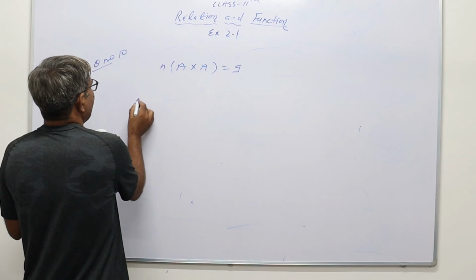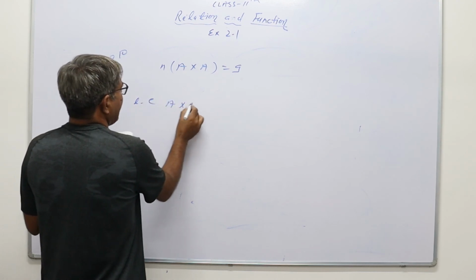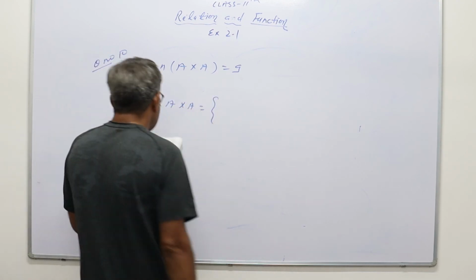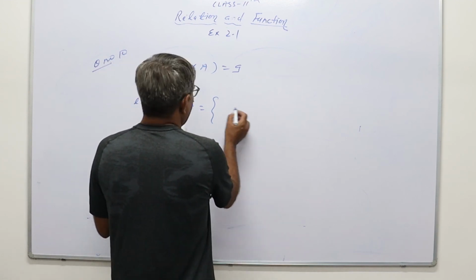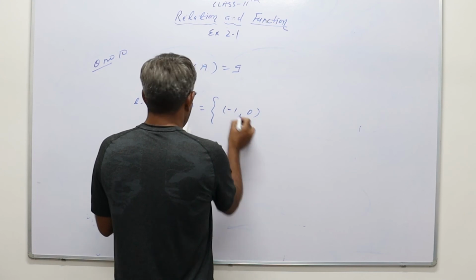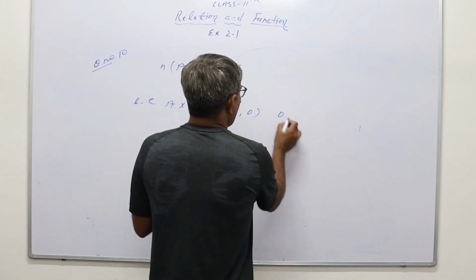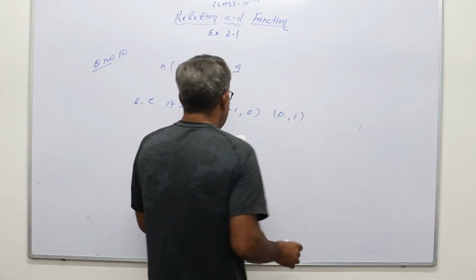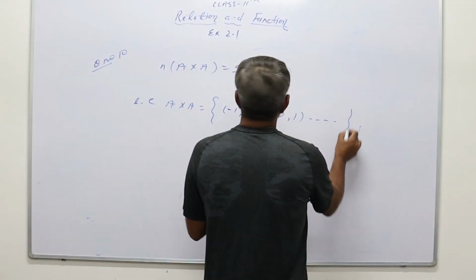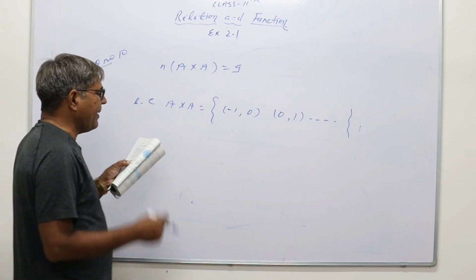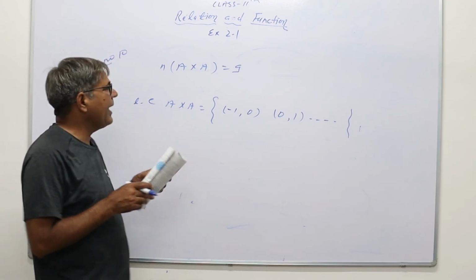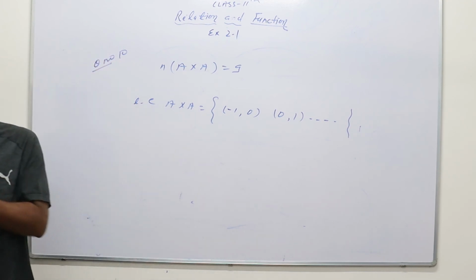That is, A cross A is defined and some elements of A cross A are (-1, 0) and (0, 1) and some more elements maybe. Then find set A and the remaining elements of A cross A.